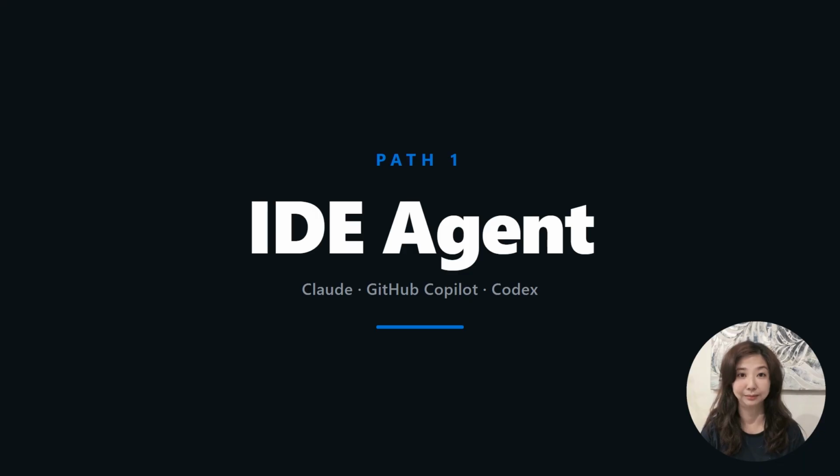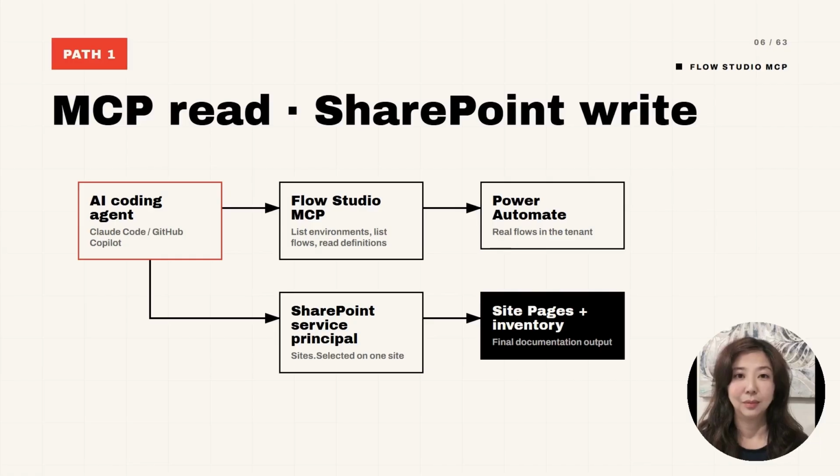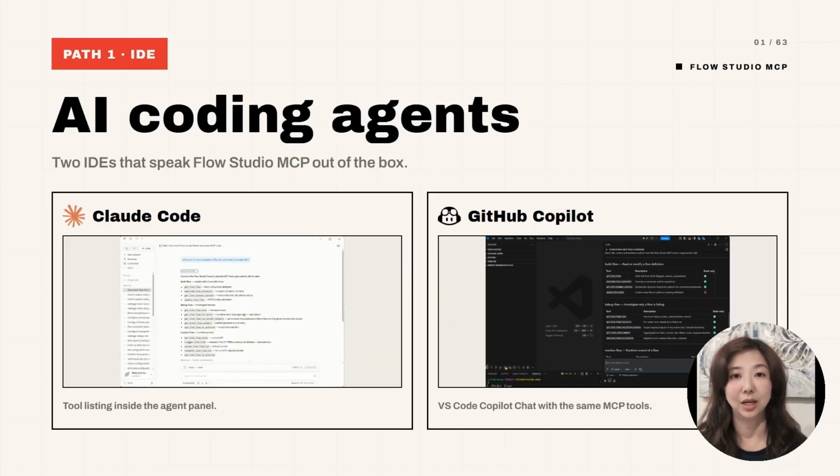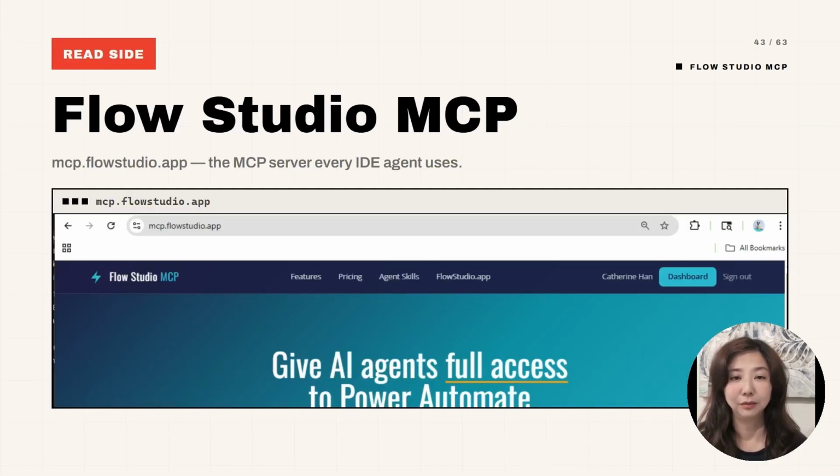Okay, pass 1. Pass 1 is the developer pass, an AI coding agent inside an IDE, such as Claude Code, GitHub Copilot, that kind of thing. You need FlowStudio MCP to read the flows, and you need a write path into SharePoint.